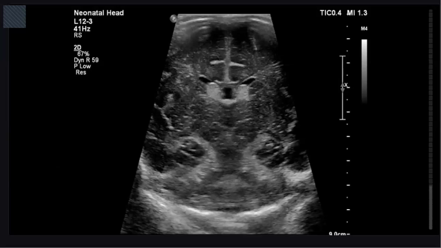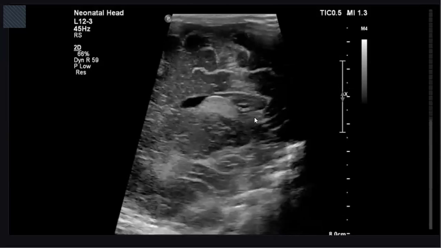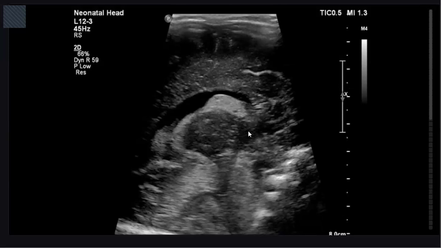In my routine practice, I'll look at the other orthogonal planes like sagittal planes. Sagittal planes confirm the presence of germinal matrix hemorrhage anterior to the caudothalamic groove. This is the choroid plexus. So the diagnosis of this case is germinal matrix hemorrhage grade 2.